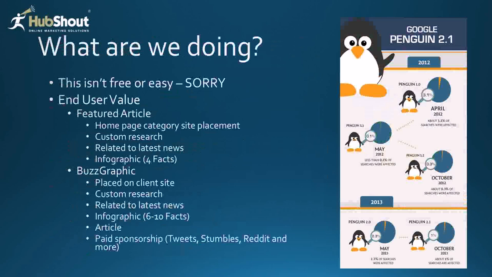So these are two products that we think, as you're looking at how the world is changing out there and Google's continuing to evolve their algorithm, and if you look at everything that Matt Cutts is saying, we believe are really awesome opportunities for everyone to be adding into the mix.